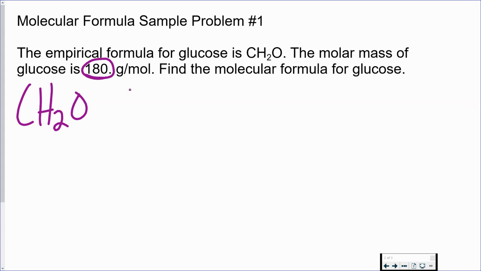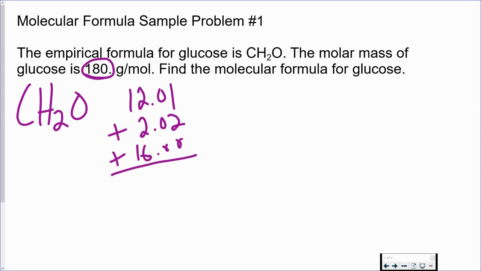Carbon on your periodic table is 12.01, plus 2.02 for the two hydrogens, plus 16.00. You add that up, and it gives you 30.03, which is about 30.